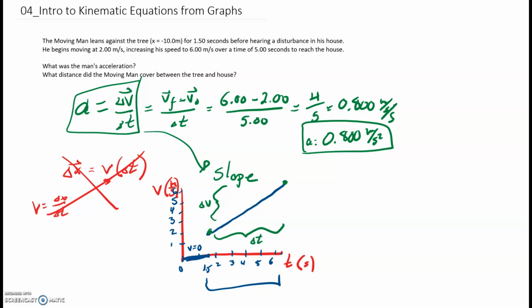Alright, so that's using the equation we already had and using the relationship between position, velocity, and acceleration. We're taking the slope of this graph to solve for acceleration. However, I want to now figure out what was the displacement that my moving man covered.